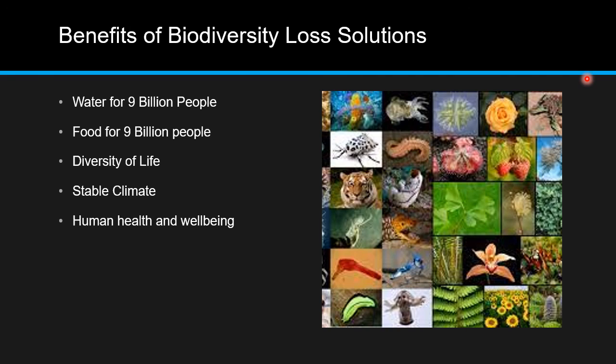Of course, diversity of life will be significantly improved by these policies, as well as a stable climate, which is important in this day and age if you want to combat the climate crisis and fight the heat waves, floods, droughts, and other natural disasters that come with it. Biodiversity loss solutions also improve human health and well-being.